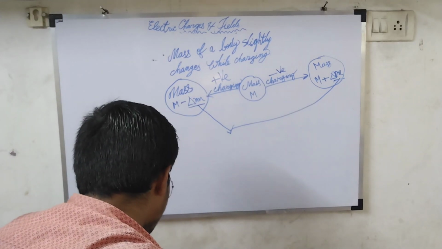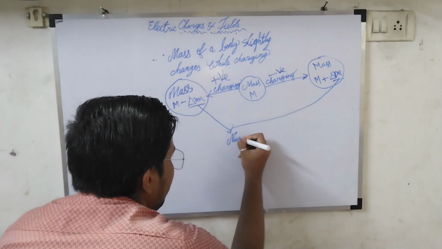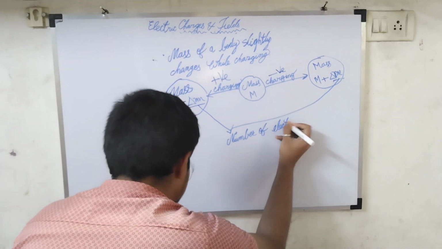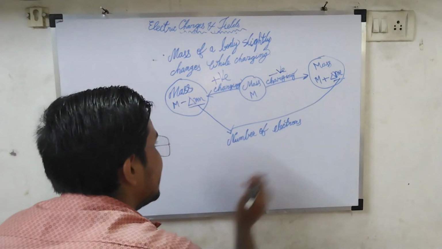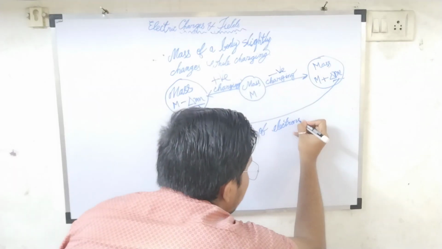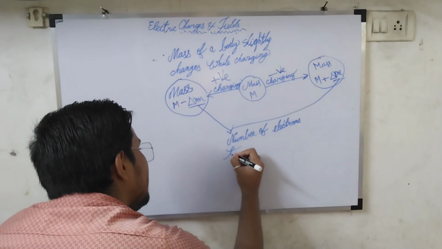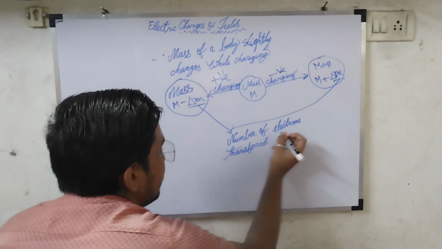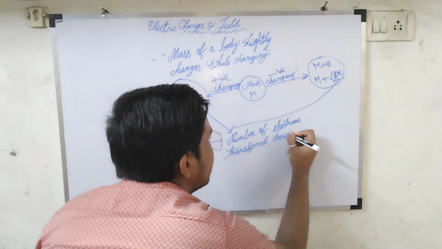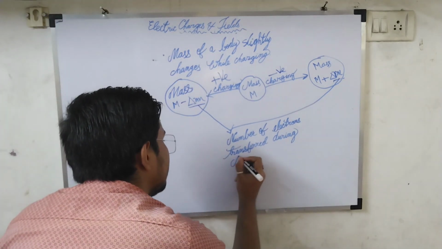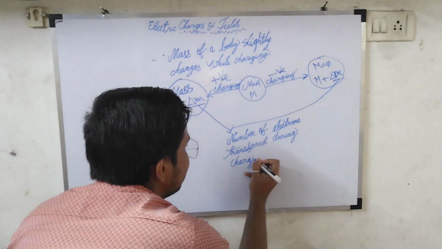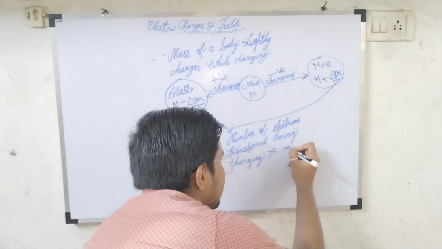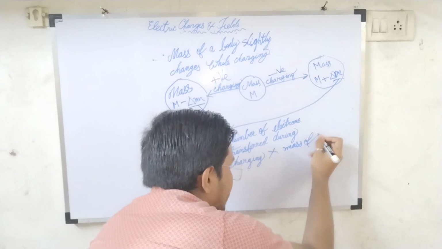It is the number of electrons transferred during charging into the mass of an electron.